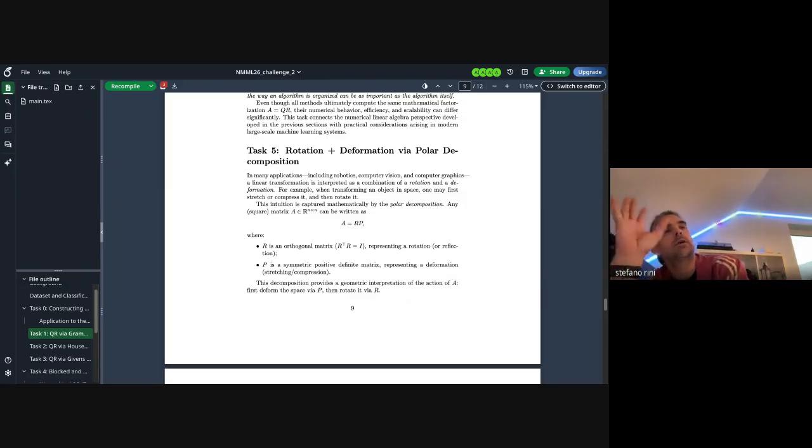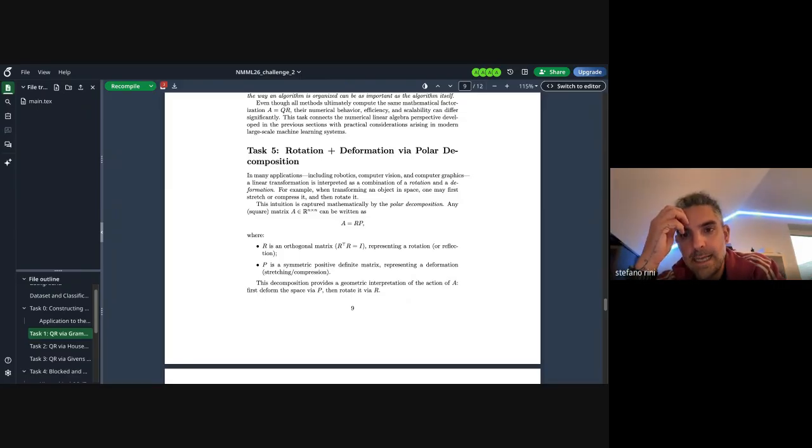In our QR decomposition, we like the matrix Q because Q is a unitary matrix. So the inversion of the matrix Q has cost 0, because instead of doing the inversion, we just do the transposition. That's why we like unitary matrices.